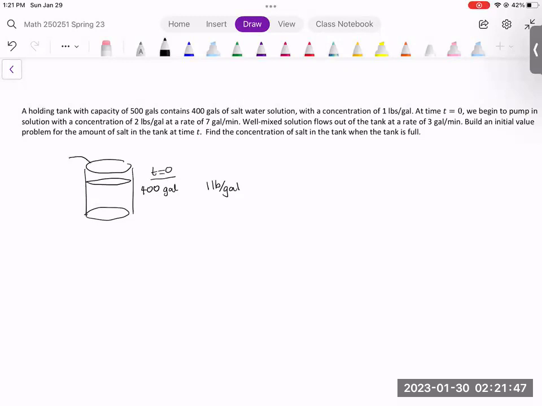All right, at time 0, we're going to be adding in a solution with a concentration of 2 pounds per gallon at a rate of 7 gallons per minute. And at the same time, we are letting our tank drain, where we have a well-mixed solution at a concentration that we're going to find, leaving at a rate of 3 gallons per minute.